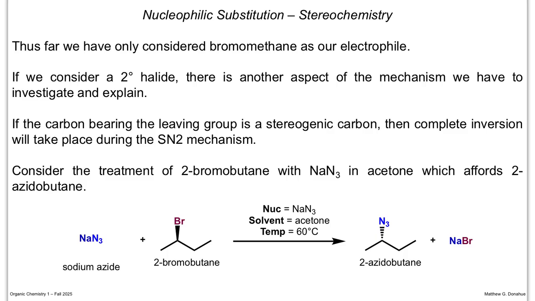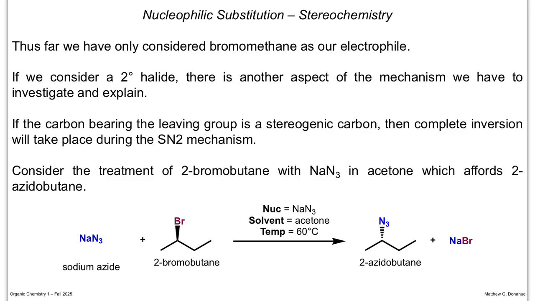So we wrapped up last week with looking at installing the different elements, carbon, nitrogen, oxygen, as nucleophiles, which relates to the functional groups, and then you need to review the unique spectroscopic signatures of those functional groups. The substrates that we used, or the electrophiles, were all methyl derivatives.